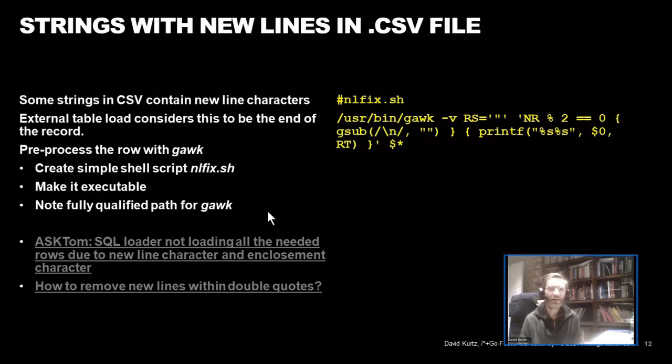I've written a little shell preprocessor which does a gawk on the line, and I call that as part of the load. That means I don't actually have to edit the CSV file. I can just do the conversion on the fly. Just an interesting Ask Tom question where I got the answer for this from. And this little script, nlfix, does it for me so that I don't have to edit the Strava CSV file. Useful little trick.